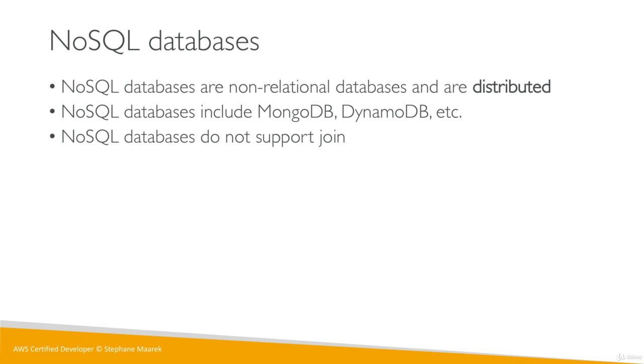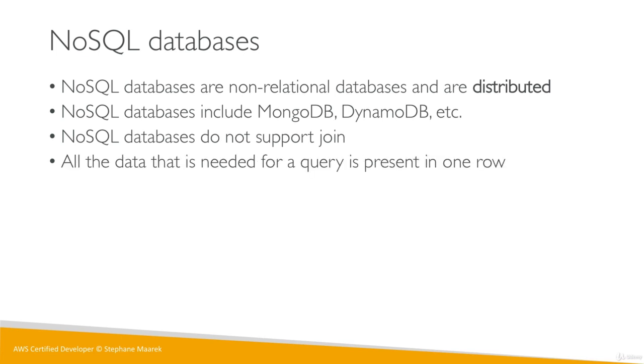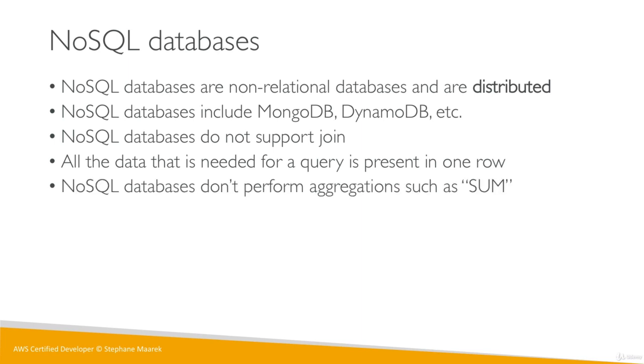NoSQL databases, unless there's a little feature added to it, do not support joins. They expect you to have all the information you need within one table or to do the joins client side. All the data should be present in one row, so we'll see this. And the NoSQL databases don't perform any computations for you, such as sum. All they do is give you the data you need very efficiently.